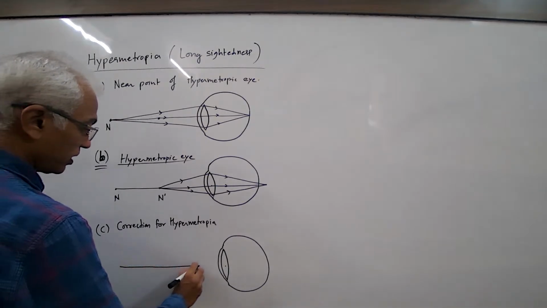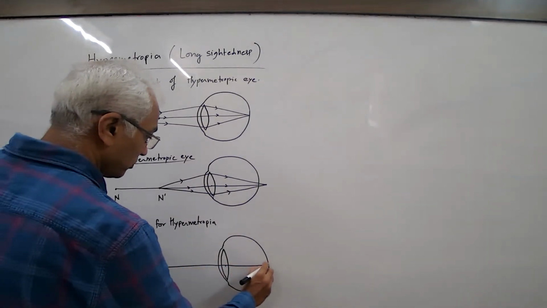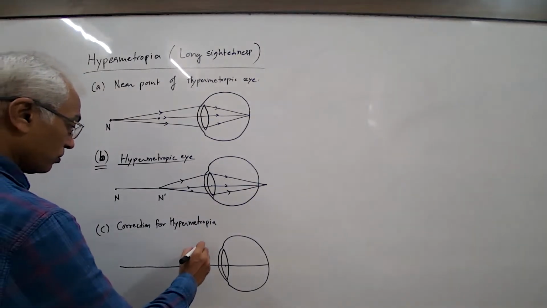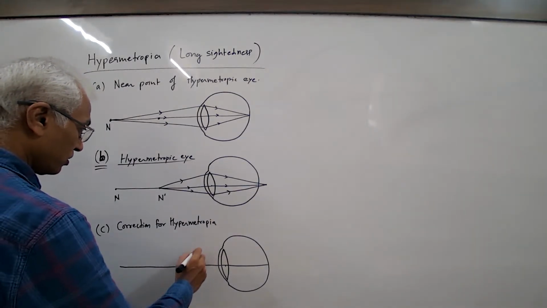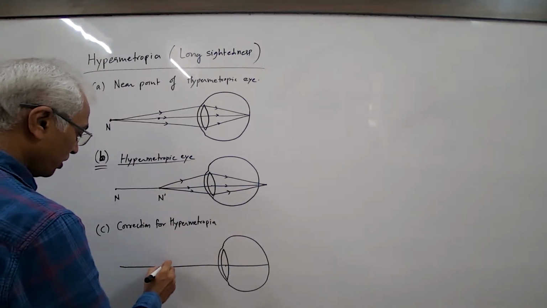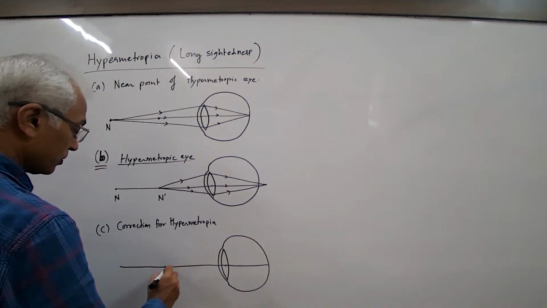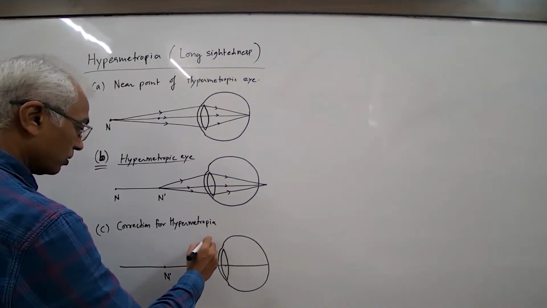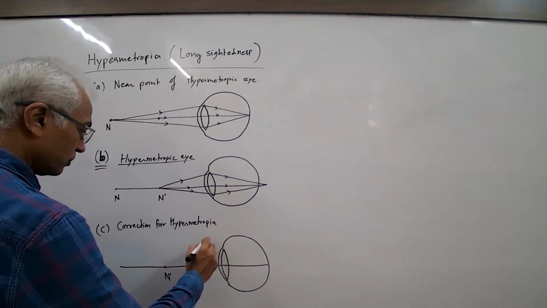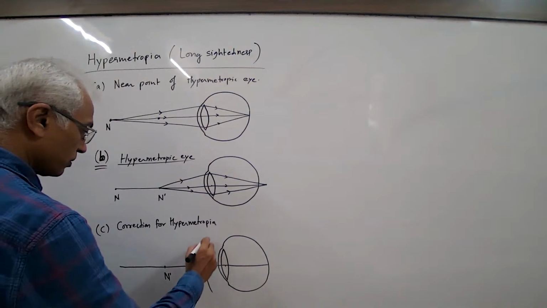So this diagram is slightly tricky to draw. Let's keep the convex lens here first. The object is placed at 25 centimeters, and N dash. Now we have the convex lens.